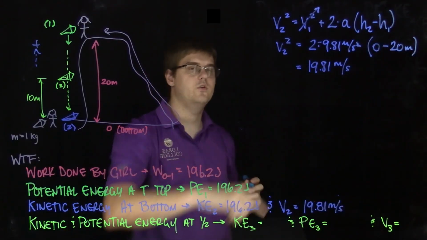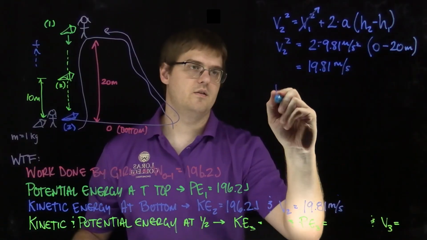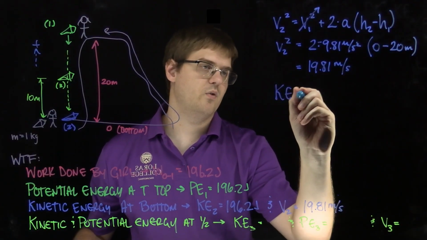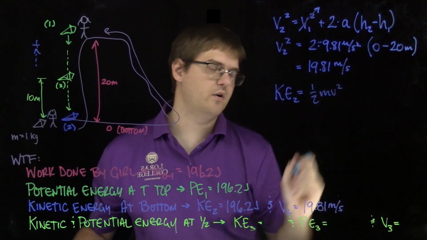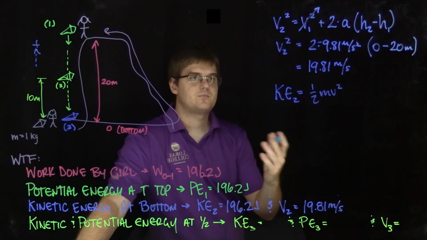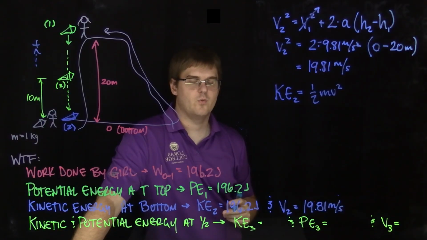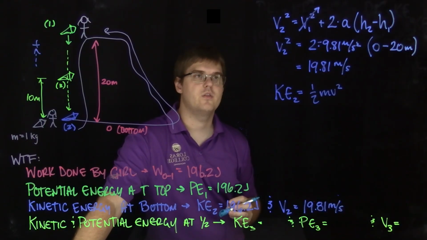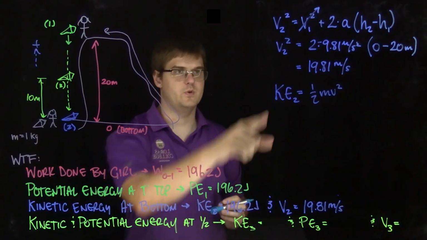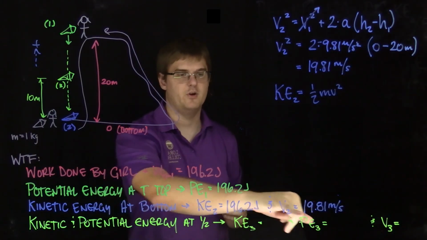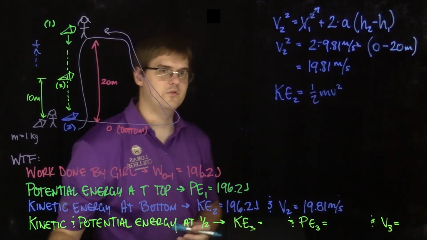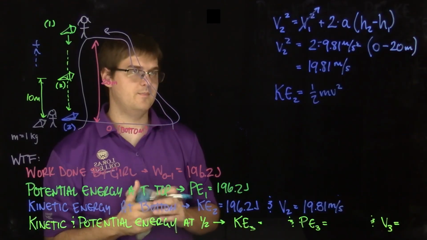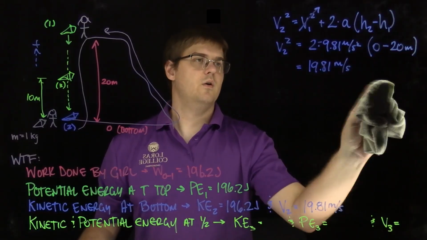And then if I wanted to do that, I could then say that kinetic energy is going to be equal to 1/2 mv squared. I have my velocity, I square it. I'm going to come out with the same kinetic energy because we use this equation to get from here to here. If we already have this and that's the same, going backwards is definitely going to give us the same number as well. Okay.